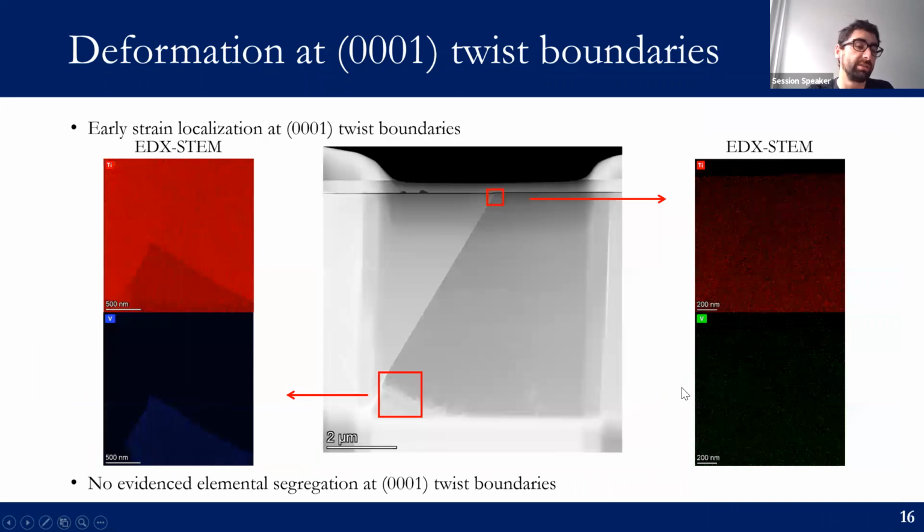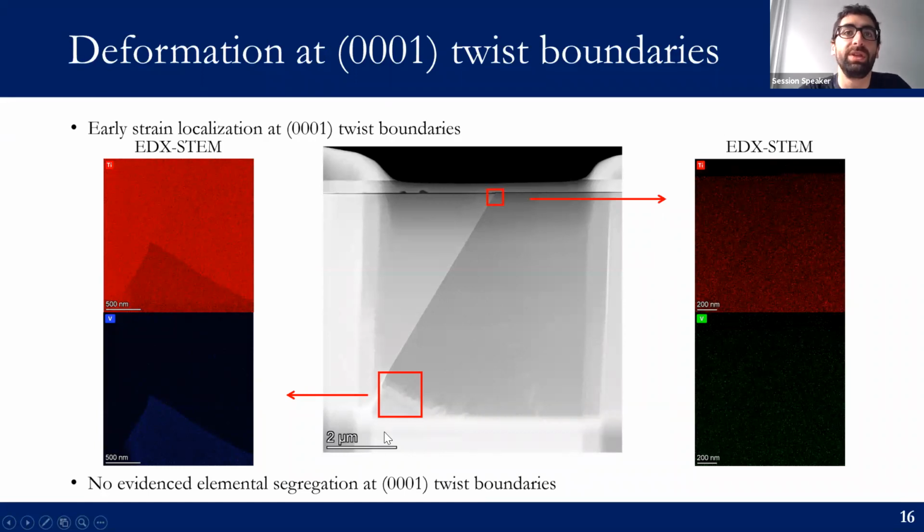In order to understand why strain is localized along the boundary, we have tried to evidence the presence of composition heterogeneities, elemental segregation, or the presence of beta phase along this boundary. For that purpose, we have used EDX analysis.